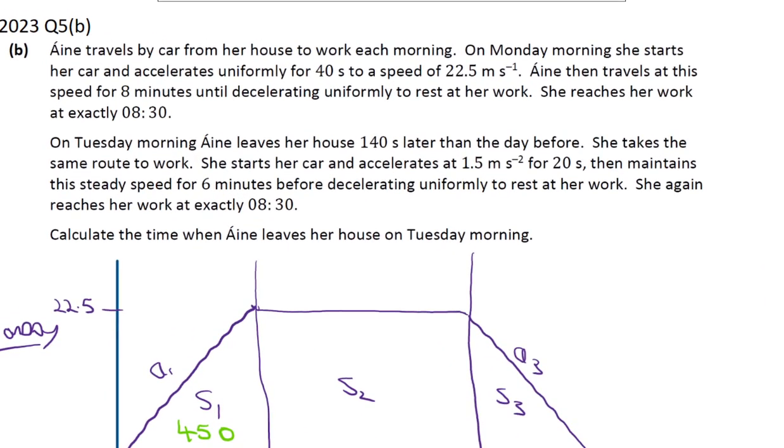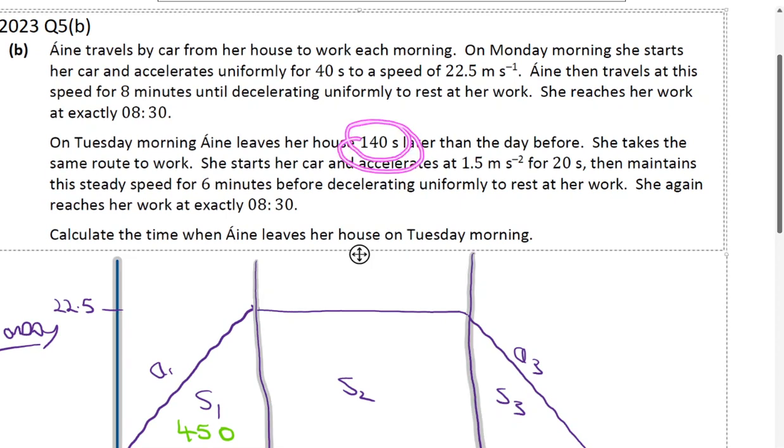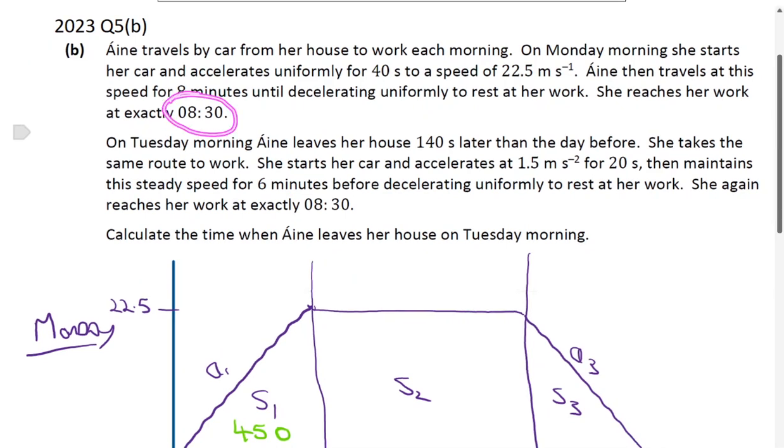So I read it, but I didn't get how it was going to be important. So 140 seconds later, but she arrives at 8:30 the same, both days. So what's going on here is that the Tuesday trip takes 140 seconds less than the Monday trip.